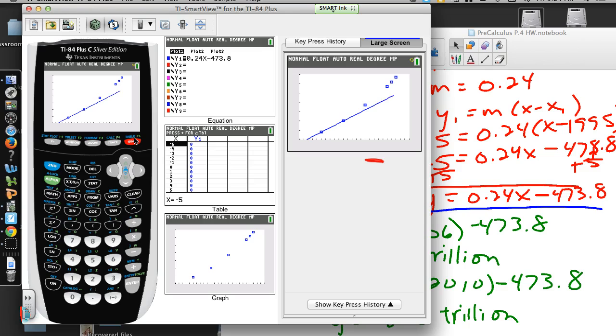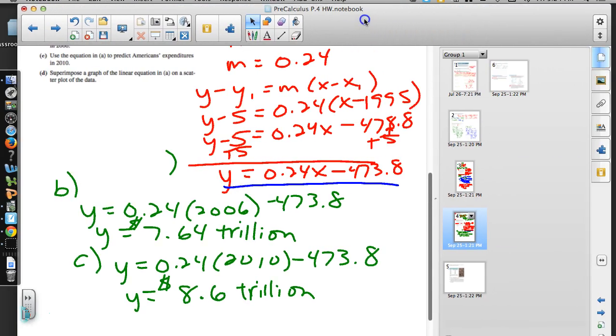And just like the example we did in class, because they picked those 2 lower points, it's just getting way too far away from the actual data when you get to the upper right part of the screen. That's because they didn't do this properly. They didn't try to find a line that had about the same number of points above and below it, which we would do for linear regression. But again, this was by hand, so we're saying, hey, pretty close for by hand work.